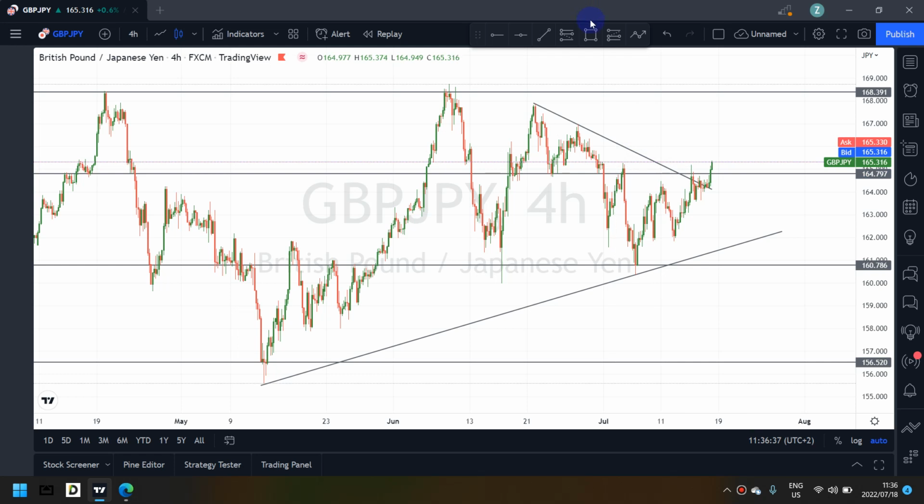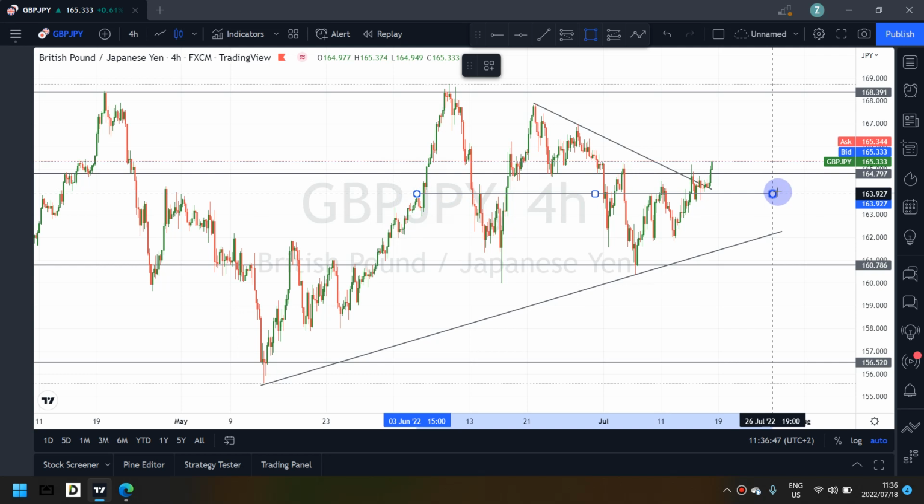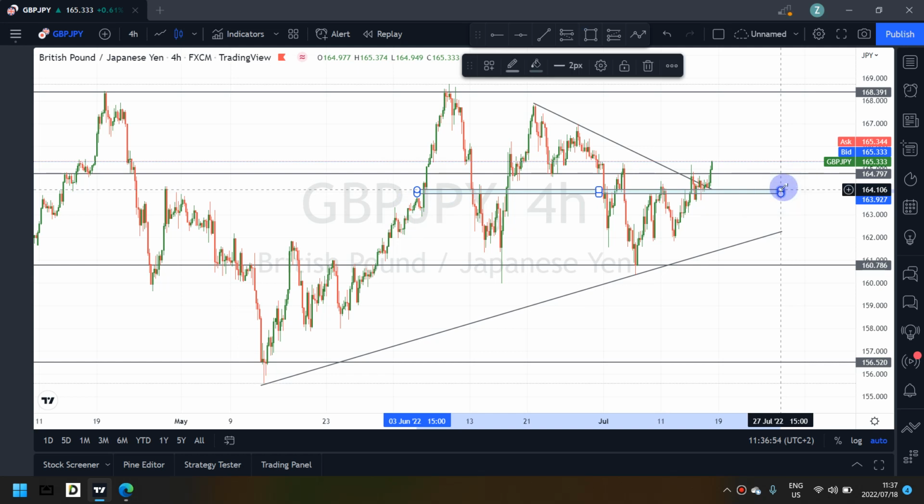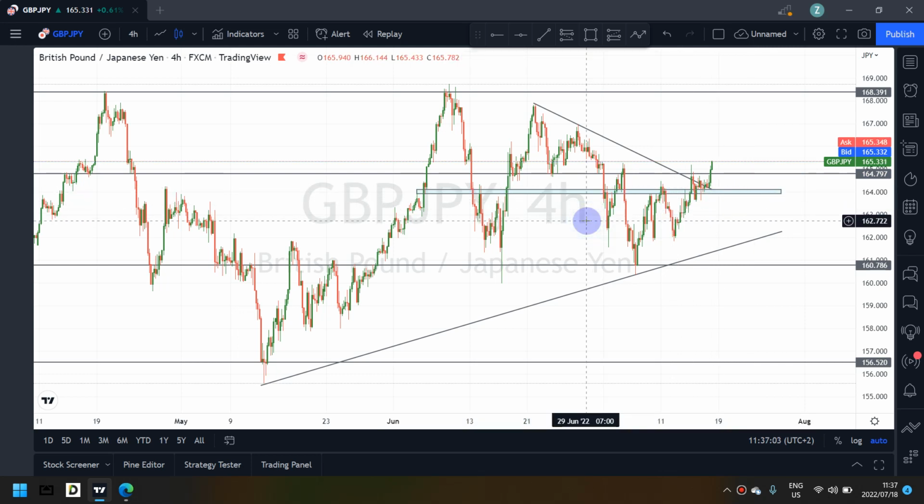So I want to cater for a zone. This is the zone that I want to cater for, right? This is my zone.